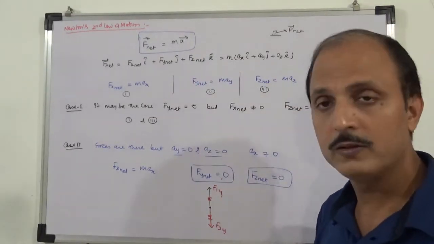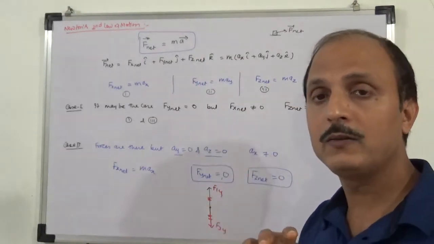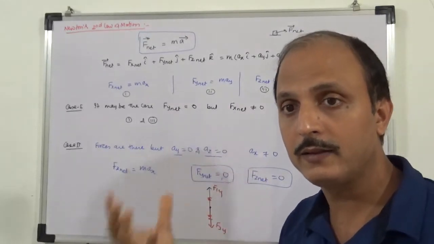Force is a vector quantity, so net unbalanced force is equal to mass times the acceleration.